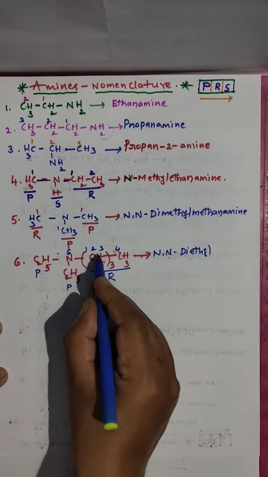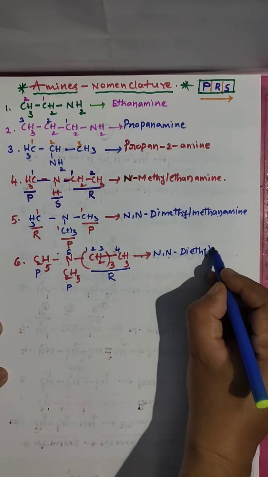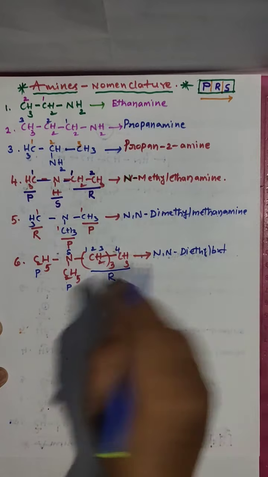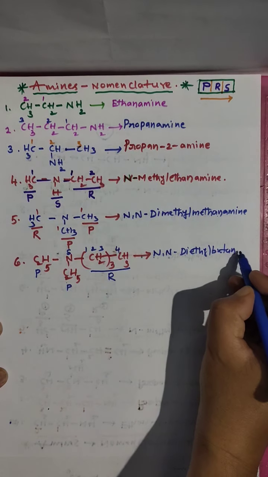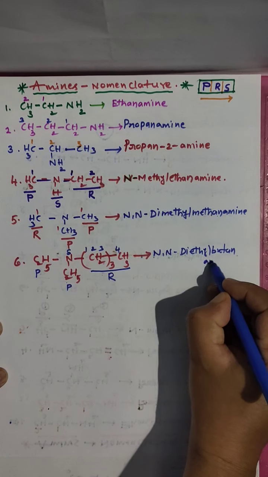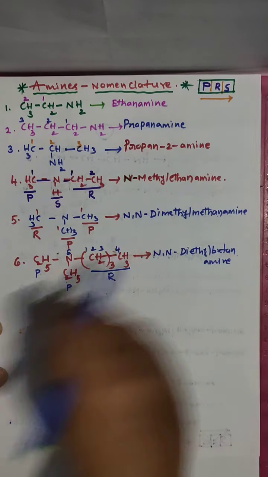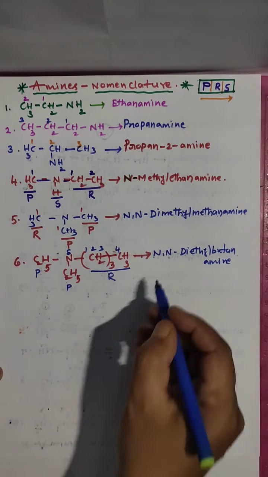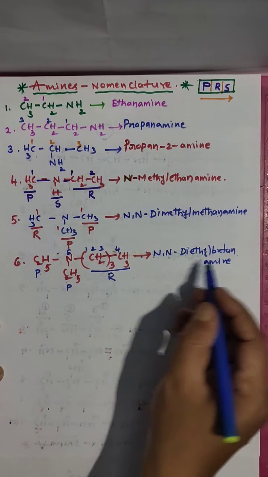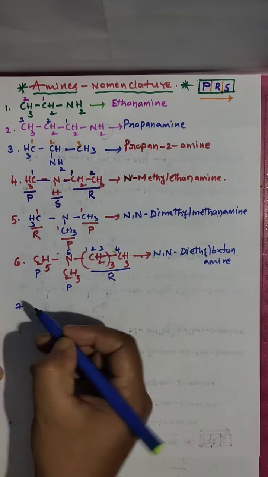And here how many carbons in total? 4 carbons, all single bond, butane, and this is amine, butanamine. Am I right? What we are calling butanamine. N, N diethyl butanamine.